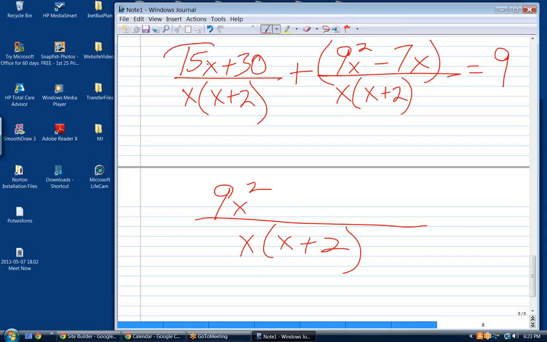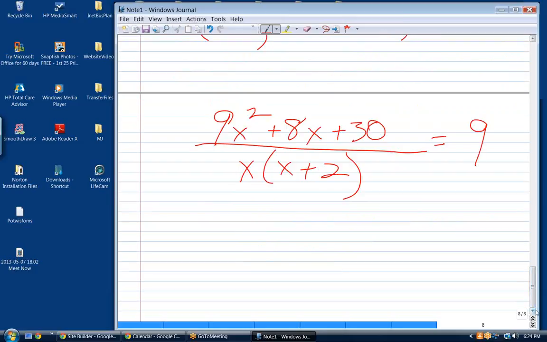No, we have a 15x over here, and a negative 7x there. 8x. And how many numbers do we have? 30. Okay, we're making progress.